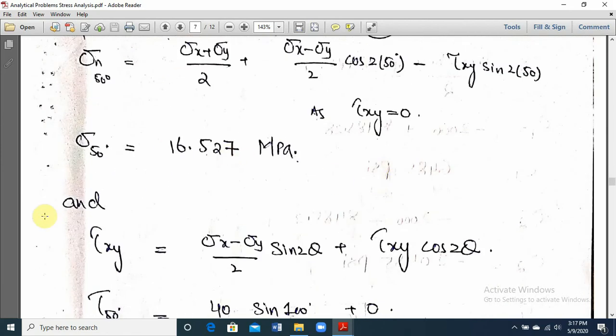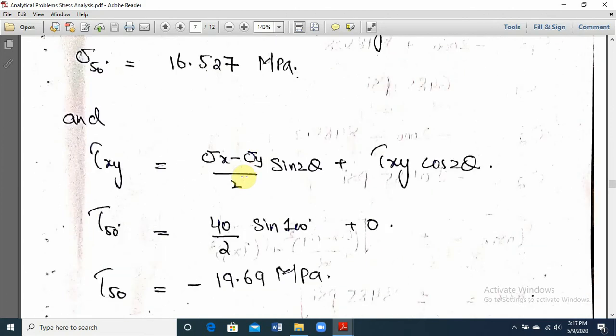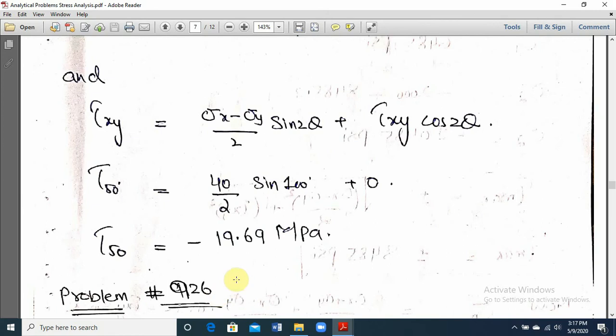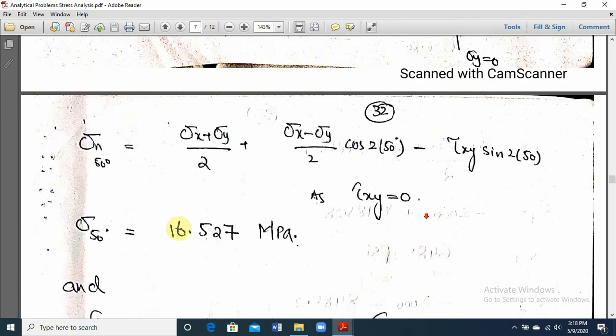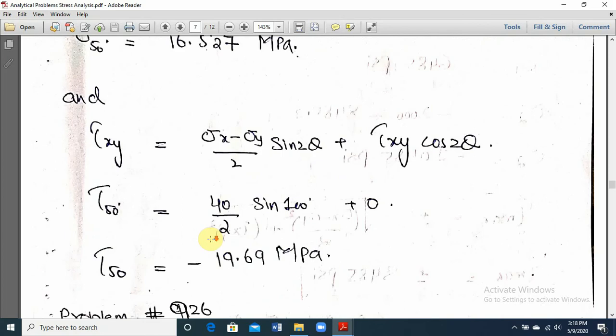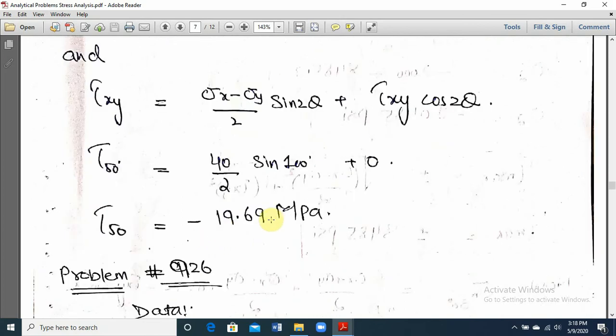What is the value of sigma at 50 degree? That is 16.527 megapascal. And what is the value of shear stress at 50 degree? That is equal to sigma x minus sigma y divided by 2 into sin 2 theta. So you get 19.69 megapascal. So we have a normal stress of 16.527 megapascal and a shear stress of minus 19.69 megapascal.